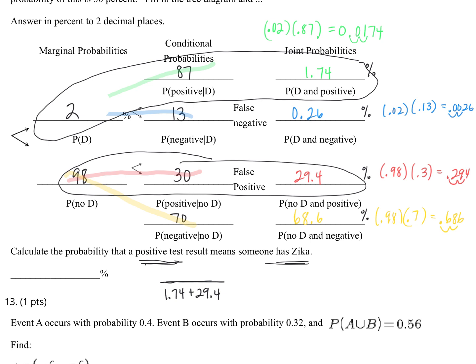So that's only the 1.74. When you divide that, you end up with 0.0558. Let's go ahead and round to an 8. Changing it to a percentage, you move it over twice. So you would get 5.59% if we're rounding.